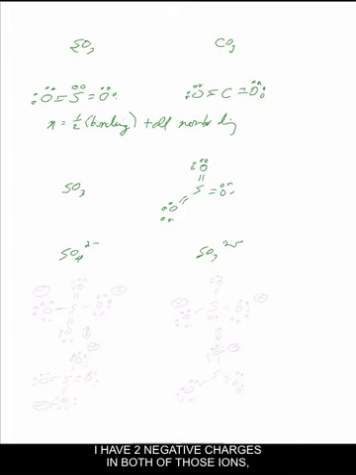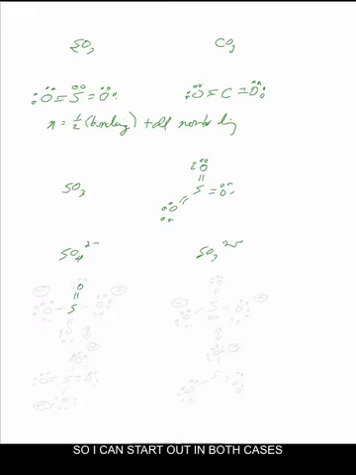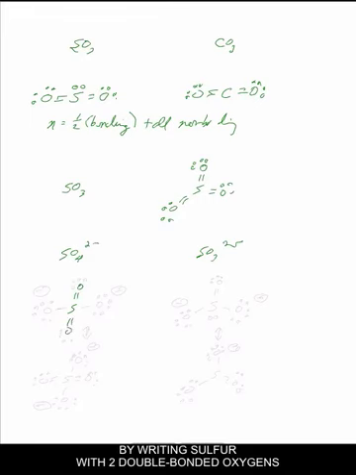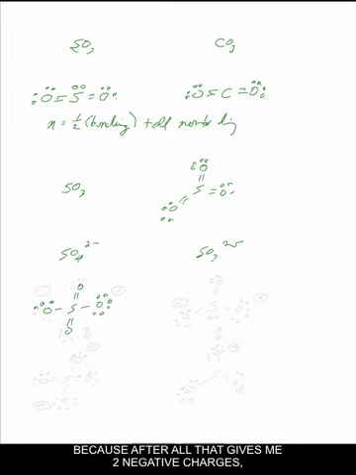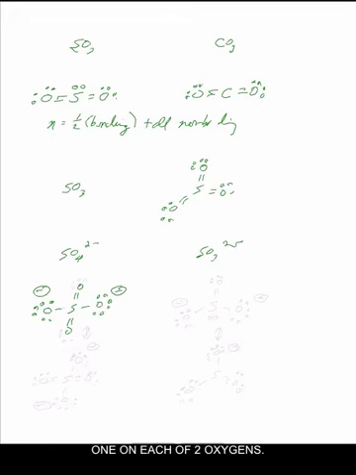I have 2 negative charges in both of those ions, and I should have those negative charges on oxygens. So I can start out in both cases by writing sulfur with 2 double bonded oxygens and hang 2 single bonded oxygens on the sulfur for sulfate, because after all, that gives me 2 negative charges, 1 on each of 2 oxygens.